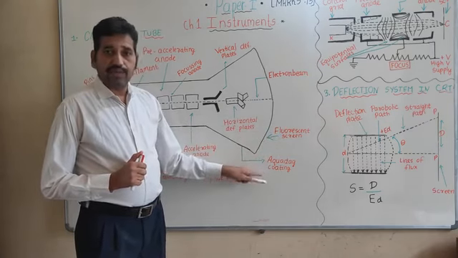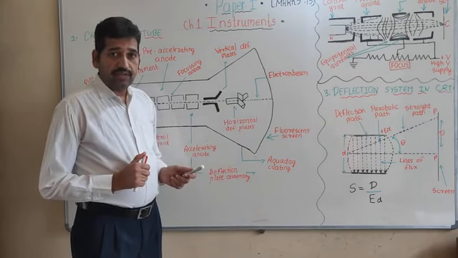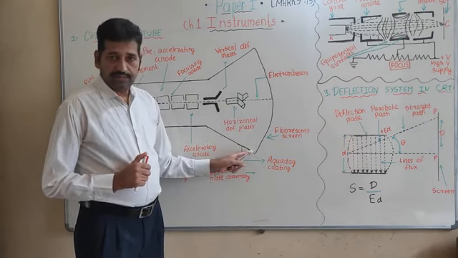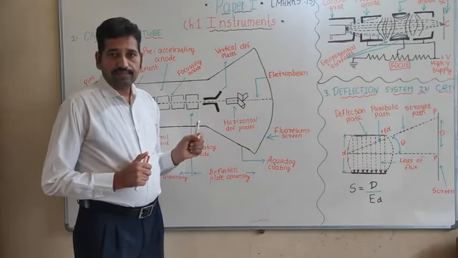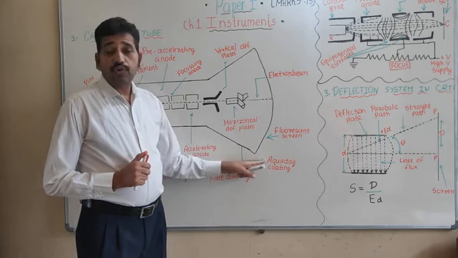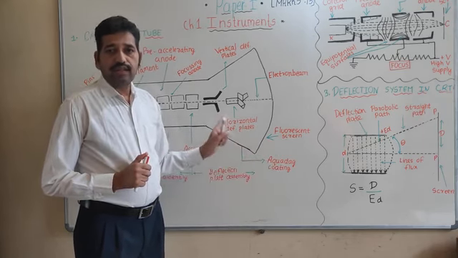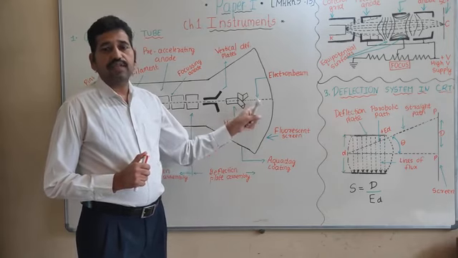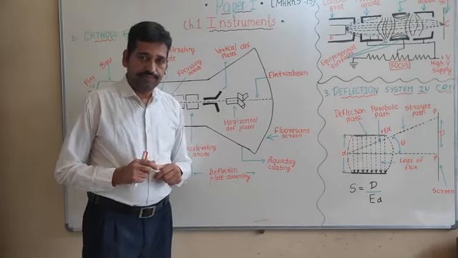Last is the aquadag coating. The aquadag coating is a graphite coating which is internally coated on the CRT. This is useful to retransmit low velocity secondary emission electrons towards the screen. That's why the screen becomes brighter.